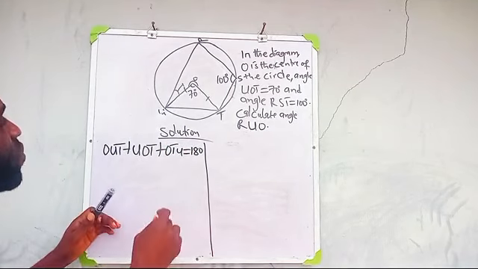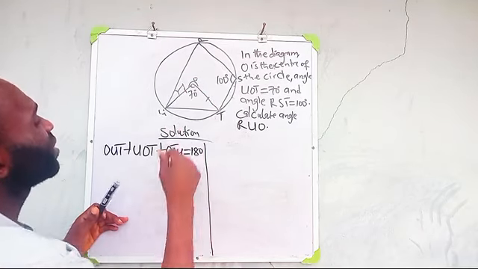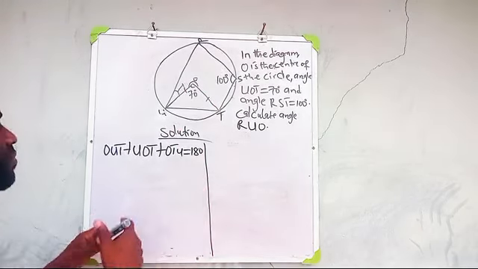That is, when you sum all the three angles in this isosceles triangle, it is going to give us 180.